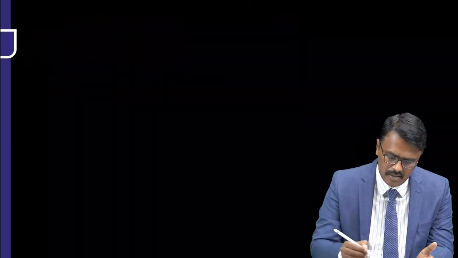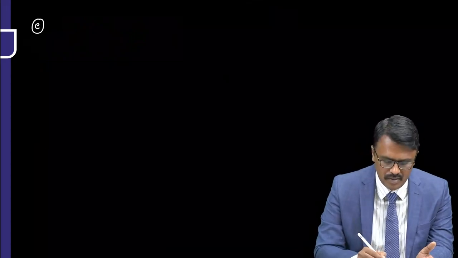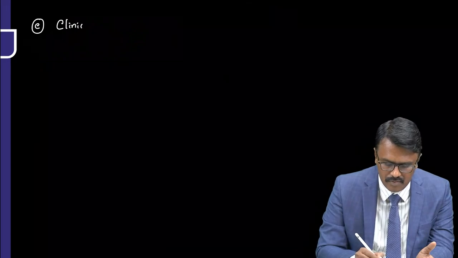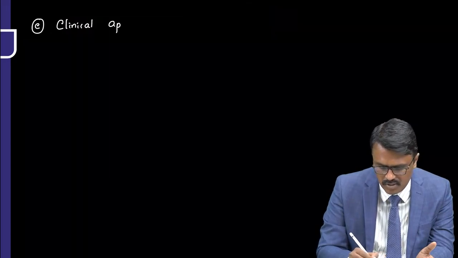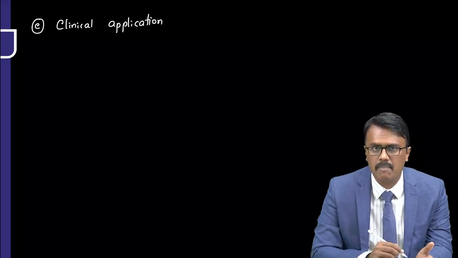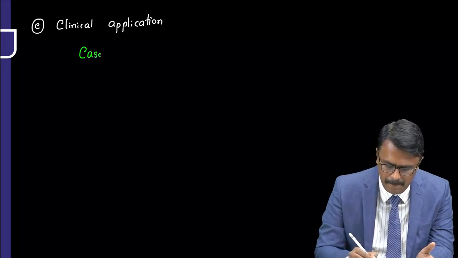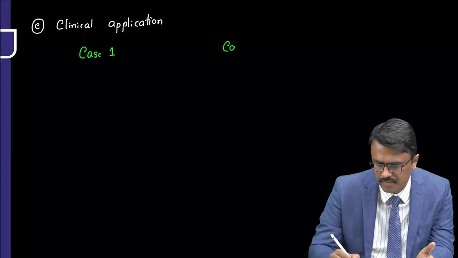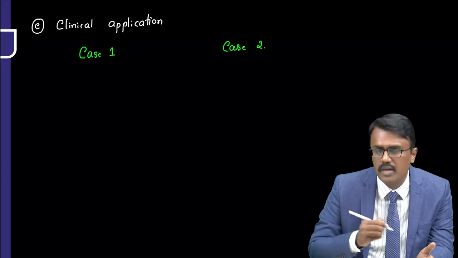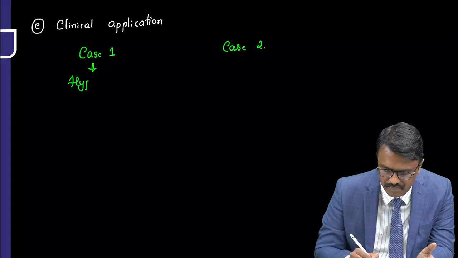The next important is the clinical application of this. Why should I study this is a question. Okay, sir, we are studying this, fine, but why should I study this? Now, there are two patients, case 1 and case 2. Case 1 patient has hypoalbuminemia.